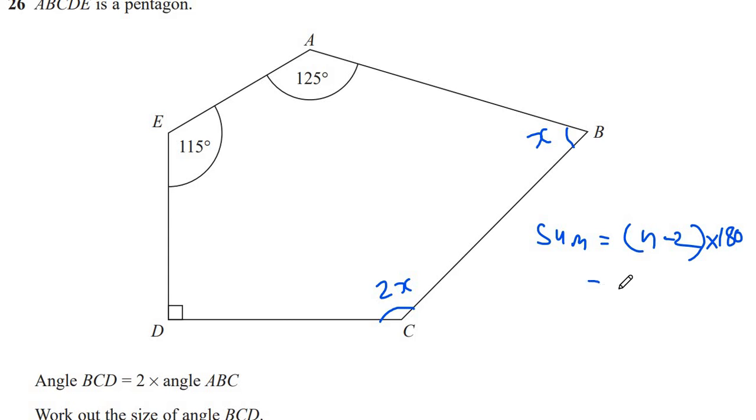So in this case n is 5, so 5 minus 2 times 180. So that will be 3 times 180. And so the sum of all these angles is 540.